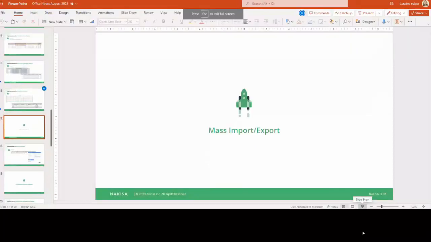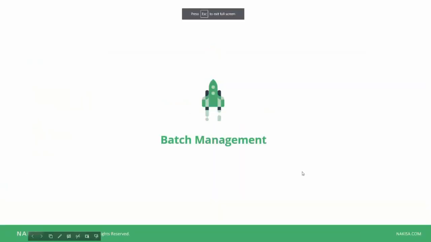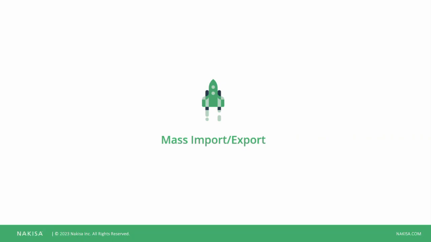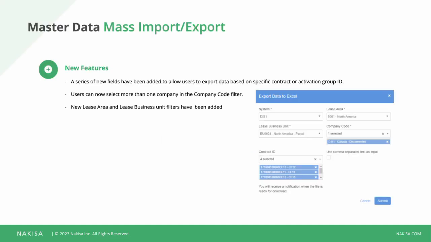But what's even more about these additional filters, you can select the specific ID. So if you want to export 30 contracts, for example, you have this way of doing it right away, right at your fingertips.